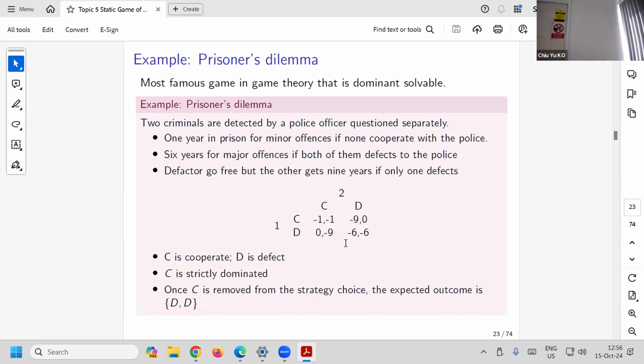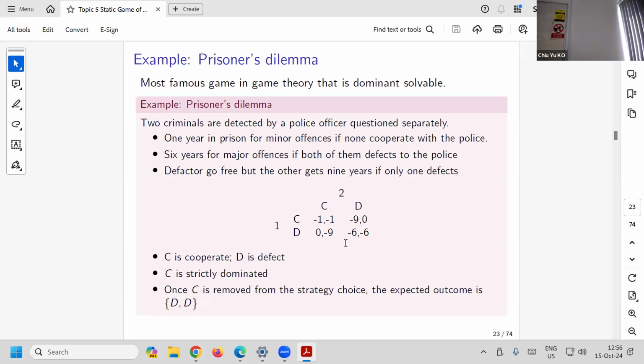You will see that for player 1, if player 2 chooses C, choosing C for player 1 gives -1, as opposed to 0. So in that case, if player 2 is not telling the story to the police, I'm better off telling, because I'd rather go free than go to jail for 1 year.